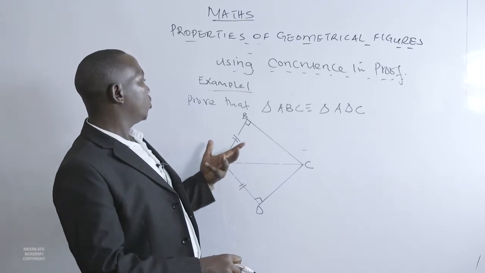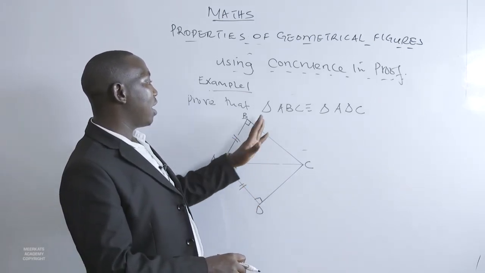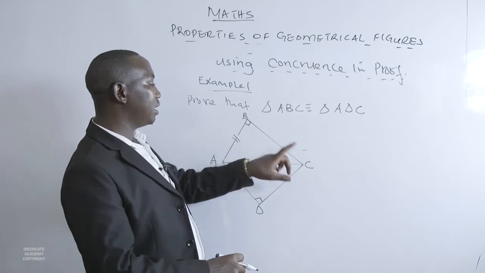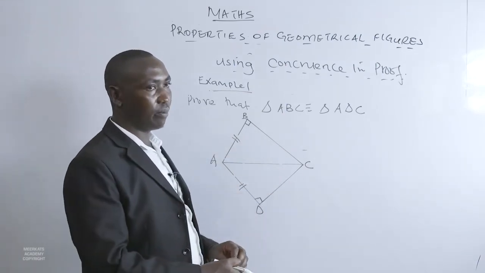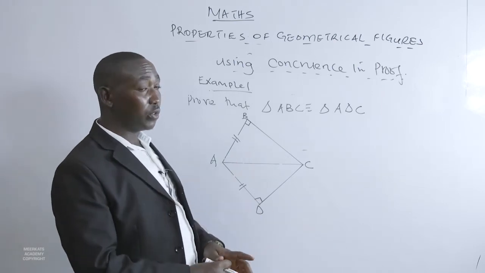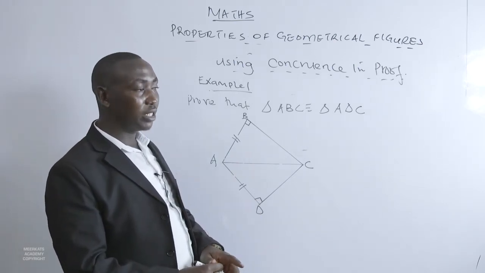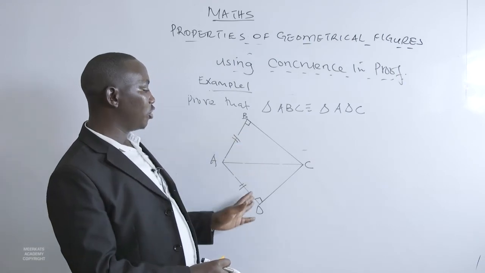Now, we want to prove that triangle ABC and ADC, the two triangles here, the top one ABC and ADC, are congruent. We'll begin from what we have been given.